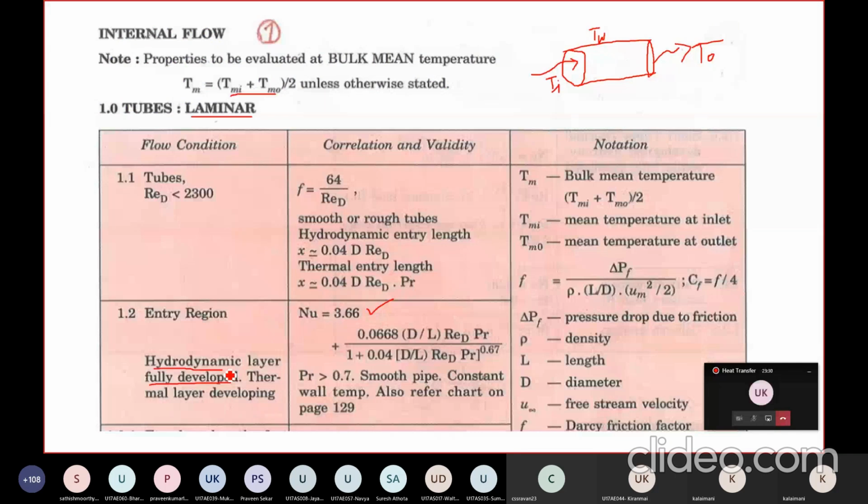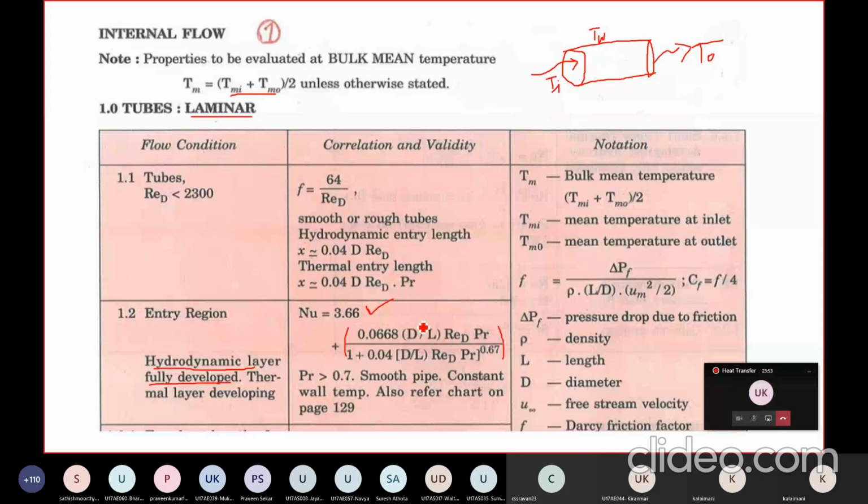From this equation, I took the Nusselt number formula: Nusselt number is equal to 3.66 plus 0.0668 d by L, Reynolds number at diameter d, Prandtl number, divided by 1 plus 0.04 into d by L, Reynolds number at d, Prandtl number, whole power 0.67.